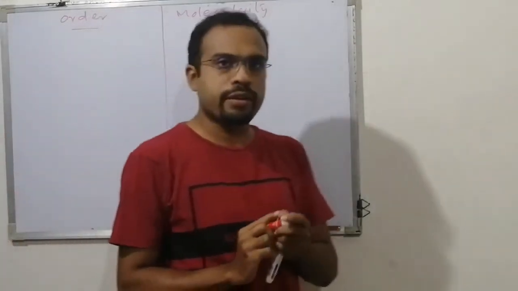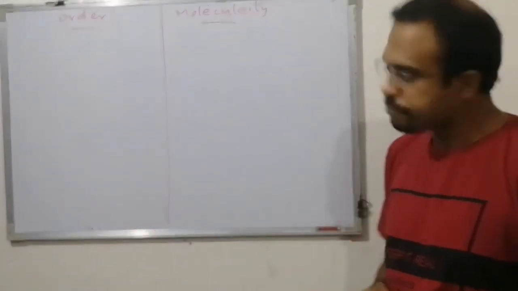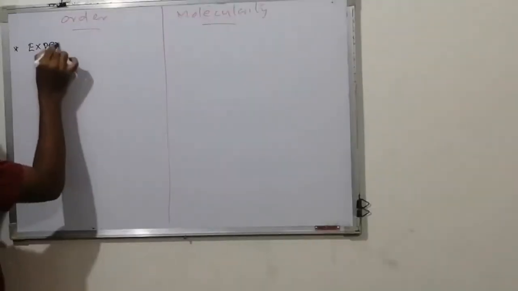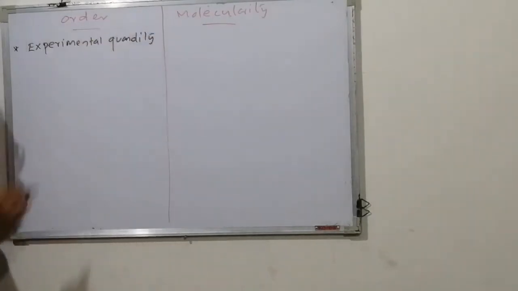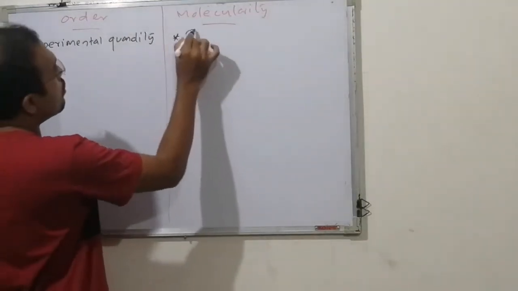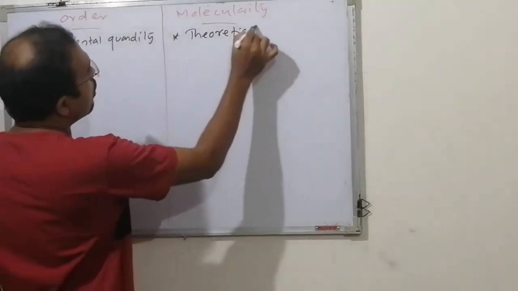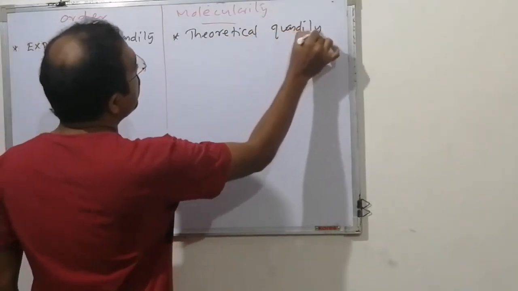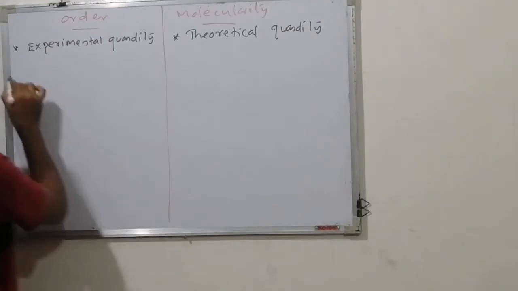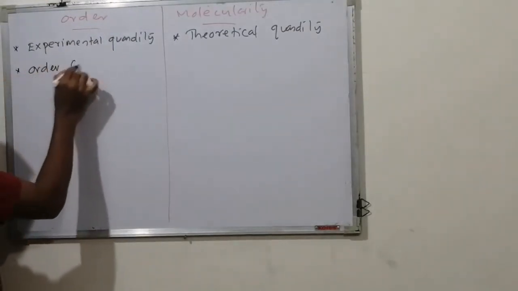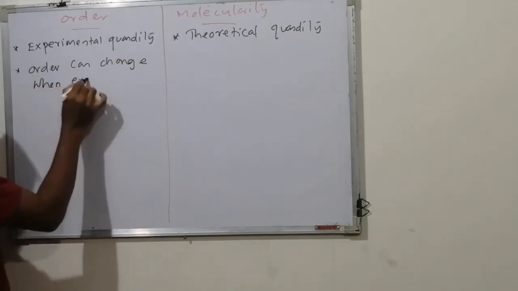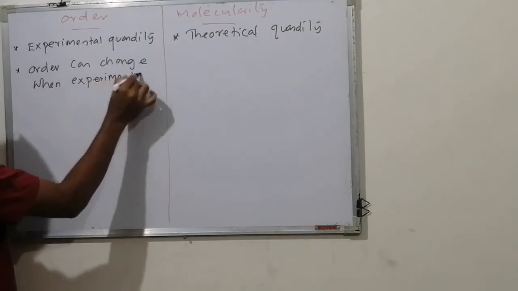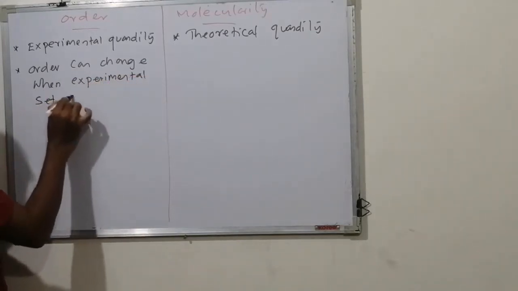The first point is, order is an experimental quantity, while molecularity is a theoretical quantity. Order can change when the experimental setup changes.